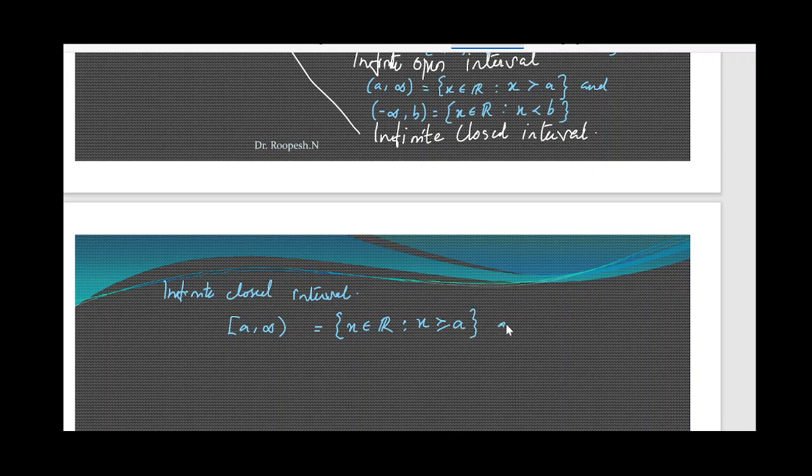And you can have another one, (minus infinity, B], which implies the set of all x belonging to R such that x is less than or equal to B. So this is the category of intervals.